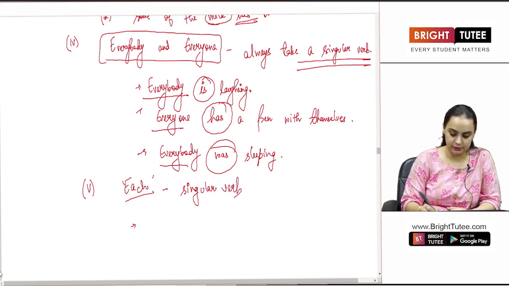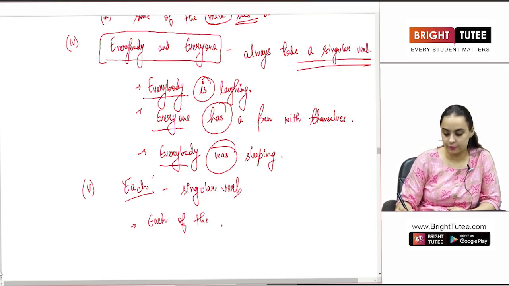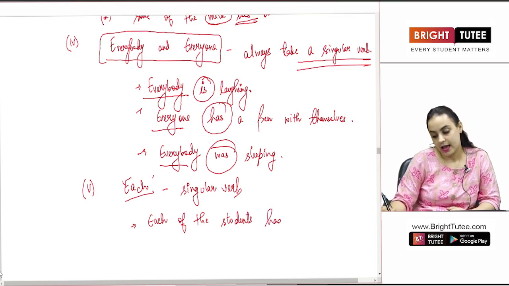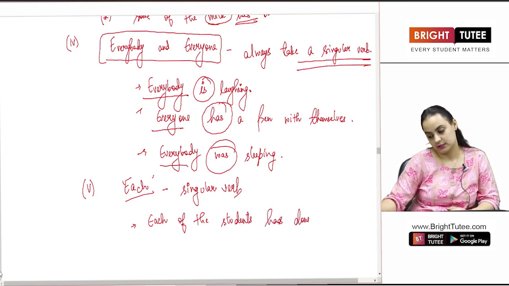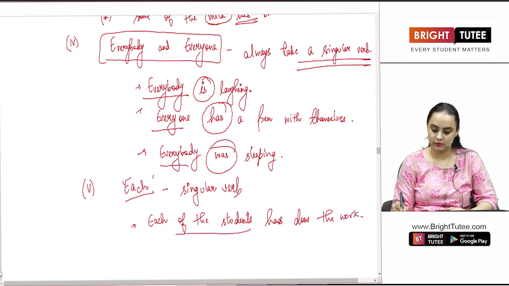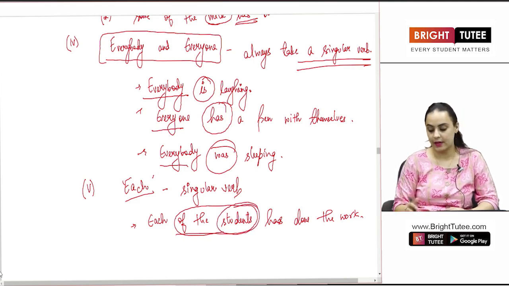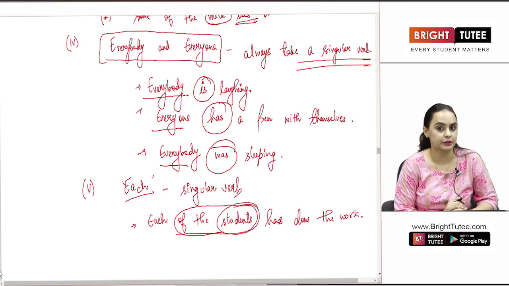For example, each of the students has done the work. Now what happens usually? The students, they read that students is plural and therefore it should have a plural verb with it.